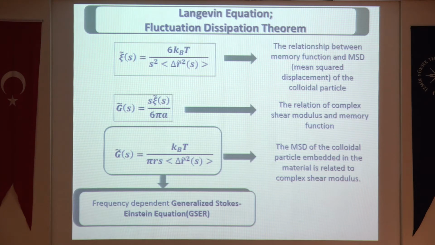Okay. And with the fluctuation dissipation theorem, you can get to this G parameter, which at the end of the day is the energy over pi times the radius of your particle. This is your frequency, the 1 over time, and this is your MSD. So once you get this MSD, you can measure this G parameter.